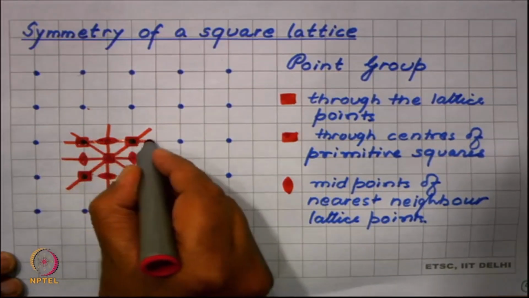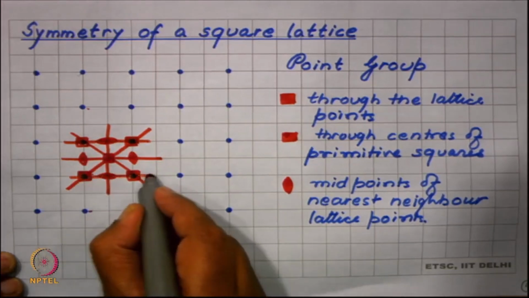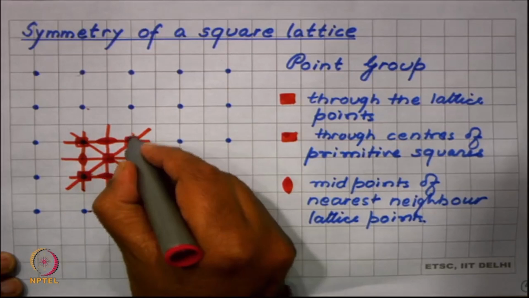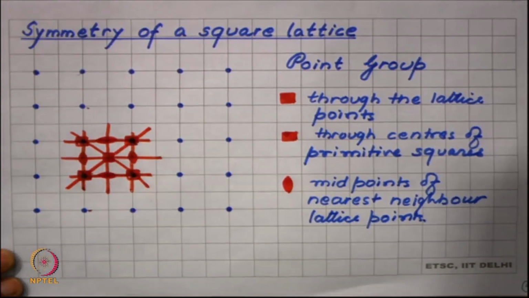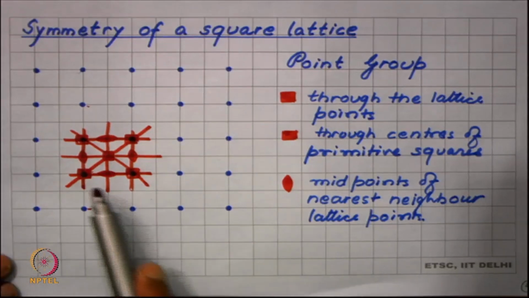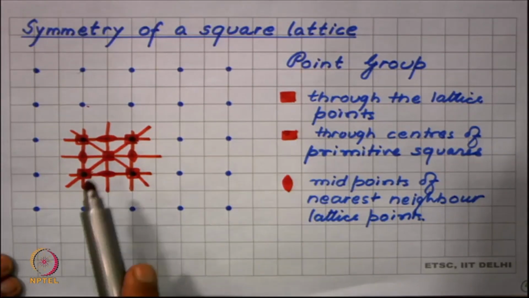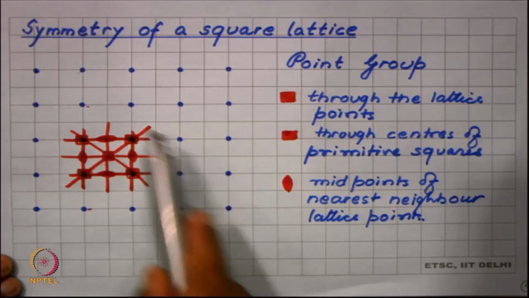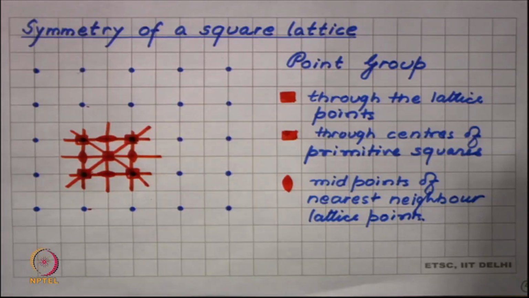Of course, through these lattice points also we have mirrors. Of course, by the translational symmetry of the lattice, all these symmetry operations will continue to be present at other locations of the lattice also. We have shown it all inside one primitive unit cell.